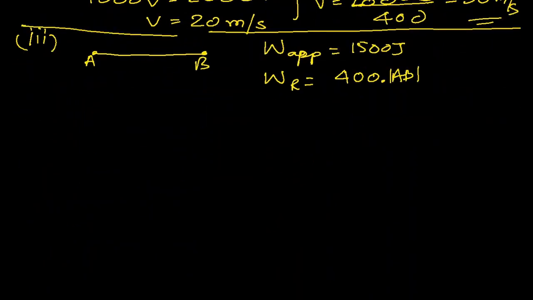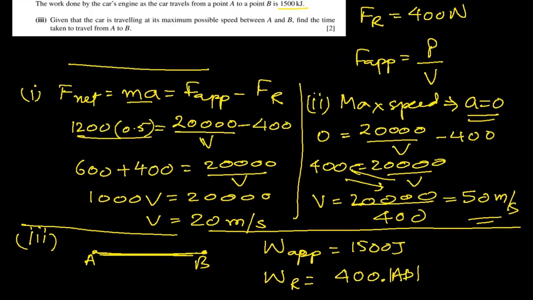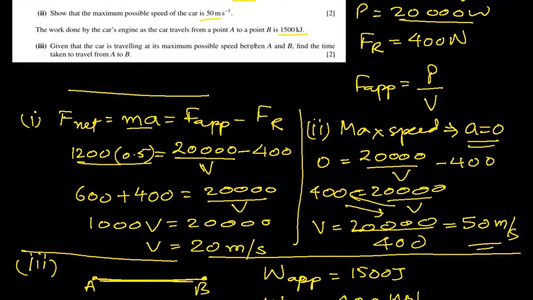Okay, so the energy equation is delta KE, difference in kinetic energy, plus delta PE is equal to work done by applied force minus work done by resistive force. Since it is a horizontal surface, there is no change in potential energy. Height is not gained or lost. This is zero. And also they are saying that from A to B the speed is constant.